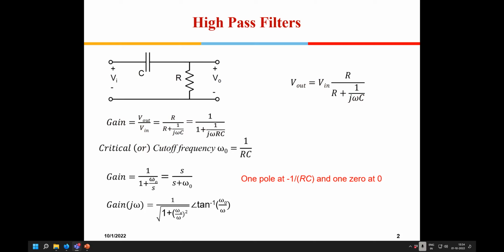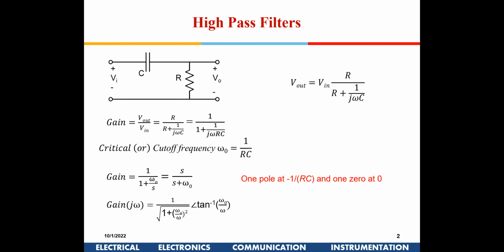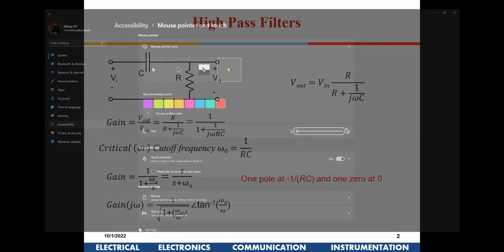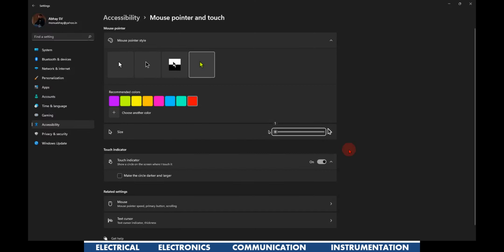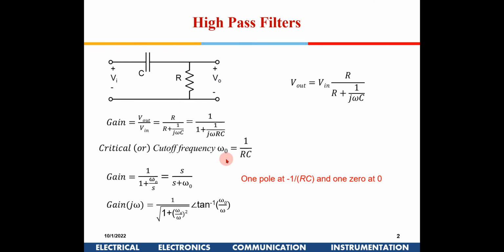Let me increase the size of the pointer. Okay, so now this becomes R divided by R plus 1 by j omega C, or I can write it as 1 divided by 1 plus 1 by j omega RC, right? Now this omega equal to 1 by RC is known as the critical frequency.